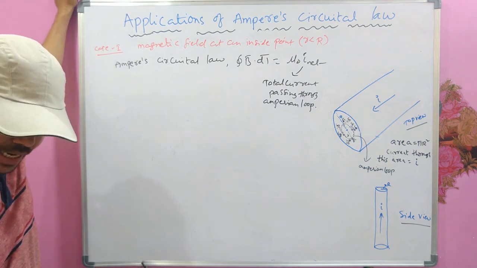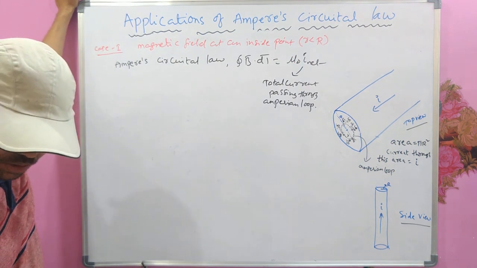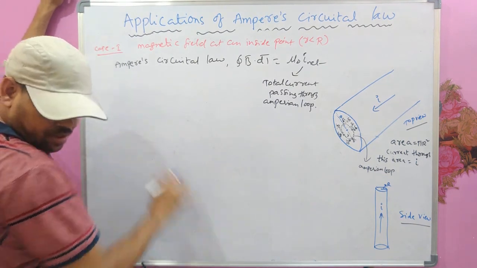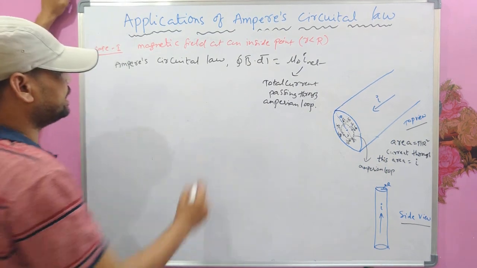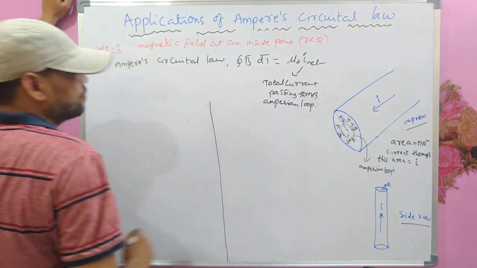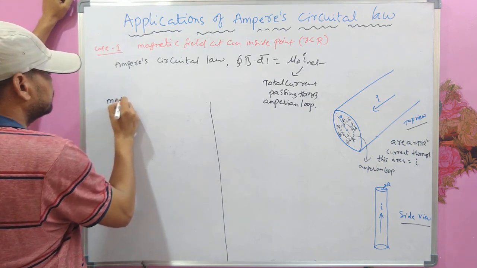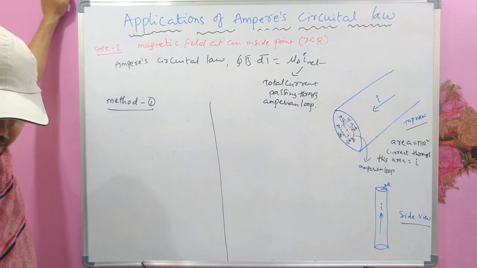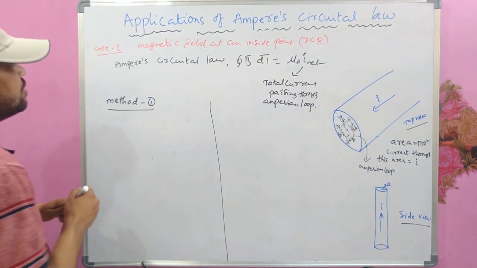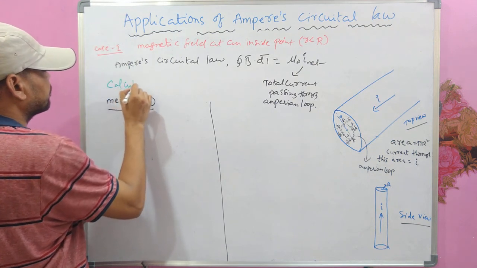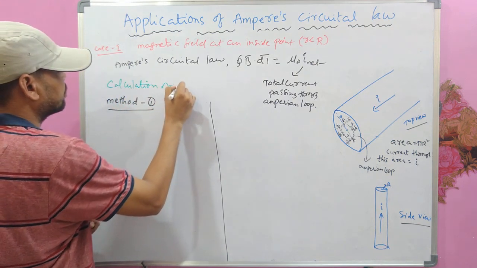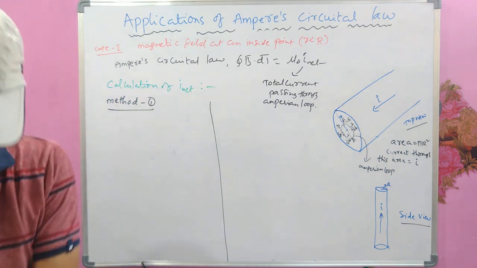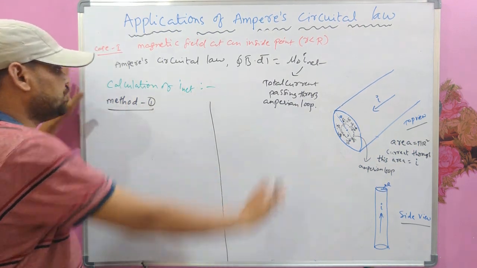Okay, so now let us calculate what is the current passing through the Amperian loop. So this we can calculate in two ways. Method 1. Calculation of I net. Okay, so in two ways we can calculate this.